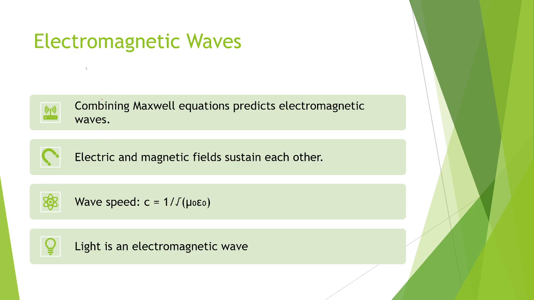We have to make a video on how the combined Maxwell equations predict the electromagnetic wave. We will do it in some video that combines all the Maxwell equations to give us the wave equation.